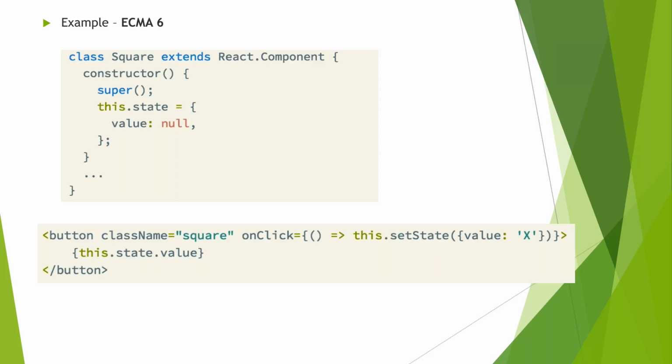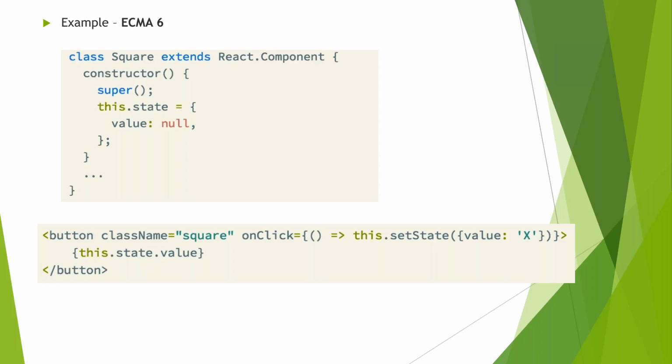Okay, so basically there are two ways of setting a state variable or any variable for that matter. I could either write this dot state dot value equal to x, or this dot set state value colon x. Both are going to set value variable with x.